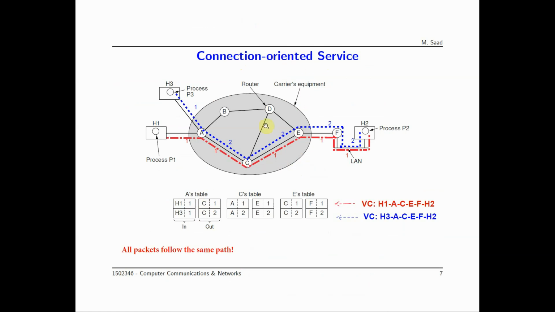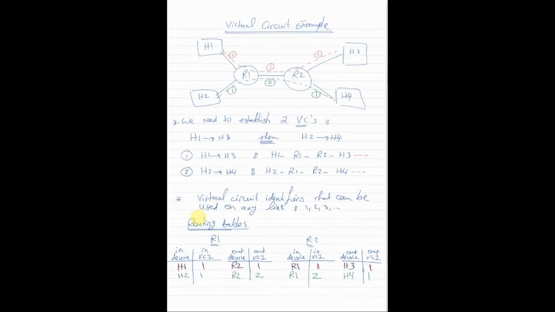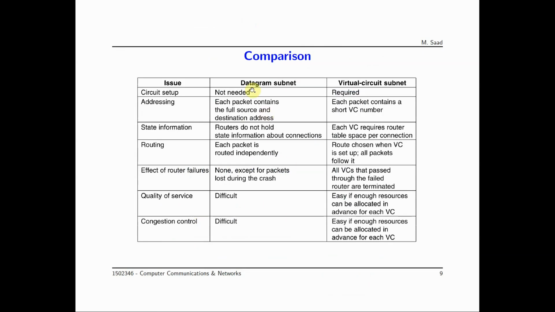But the table does not have the same structure as in connectionless. At the end, once we finish this, we have a global comparison between connectionless and connection-oriented, and this will be the conclusion of this video.